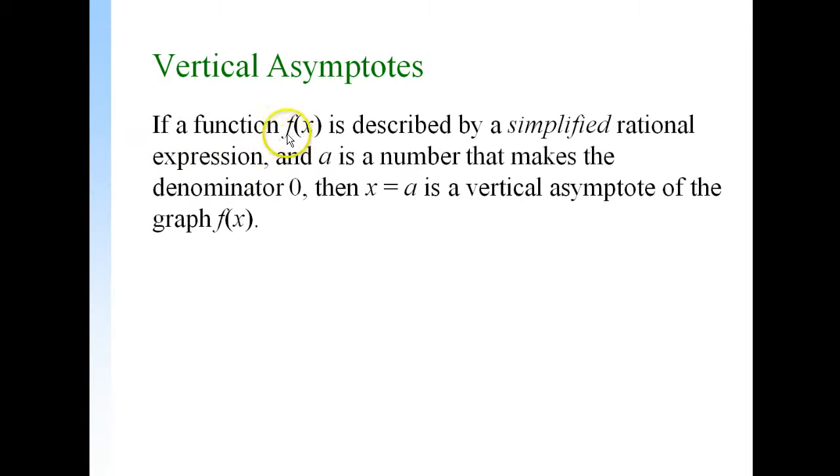If a function of x is described by a simplified rational expression, and a is a number that makes the denominator a 0, this is really critical right here, that a is a number that makes the denominator a 0, then x equals a is the vertical asymptote of the graph.